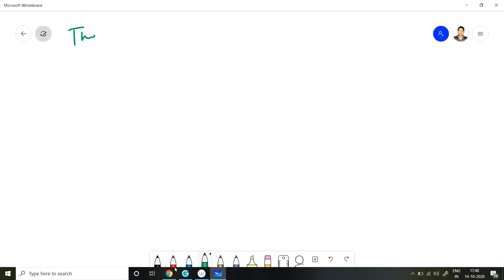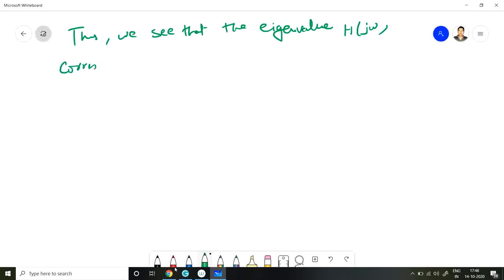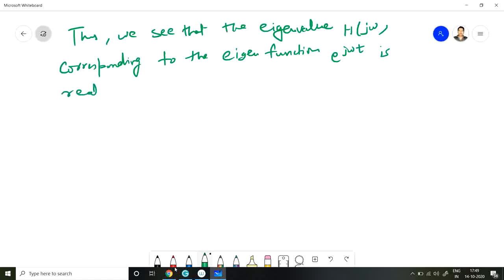Thus we see that the eigenvalue H(j omega) corresponding to the eigenfunction e^(j omega t) is real.